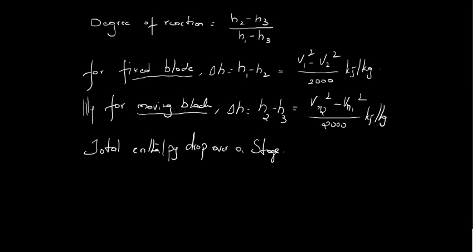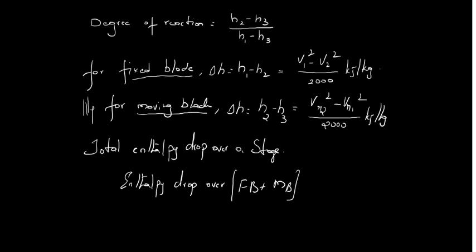This is the enthalpy drop over fixed blade plus moving blade. Can I say this? Yes. Now we will write why, because we have the relations for the fixed blade as well as the moving blade. If I add them, I can get the value of the total enthalpy drop over a stage.